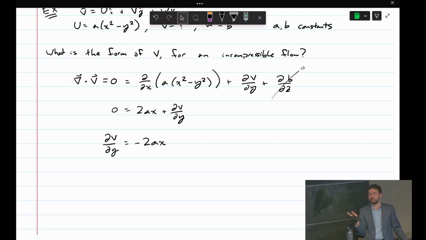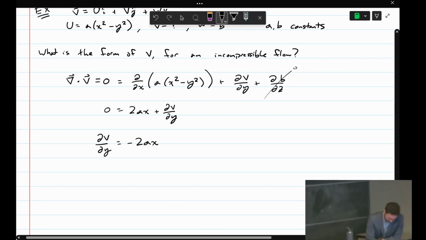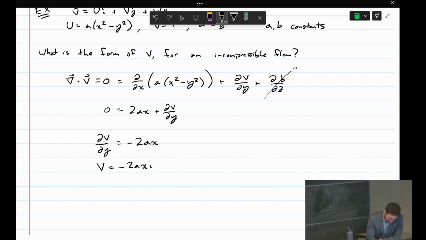And in order to do that, we assume that we're just going to integrate in terms of y. So our constant now could depend on other variables. So this means that v is negative 2axy plus some other function f, where f could depend on all the other variables except y. So x, z, t.